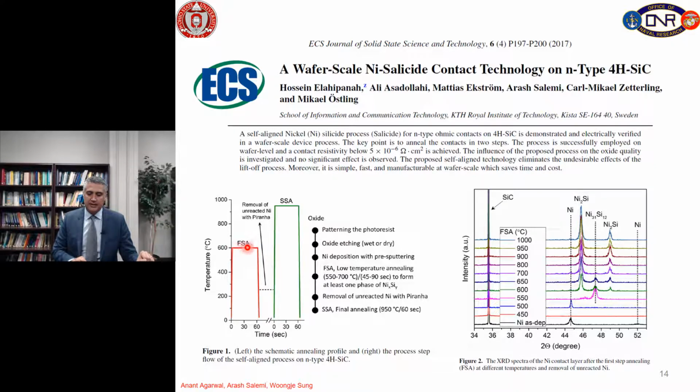Here is the first step annealing at 600 degrees C. But after removing the unsilicided part, we can have the second step annealing at higher temperature, 900 or 950 or even 1000 degrees C, in order to increase the intensity of the nickel silicide. And when the intensity of the nickel silicide is increased, it means that we have a good ohmic contact and lower resistivity. I encourage you to read this paper that we published at KTH in Sweden.